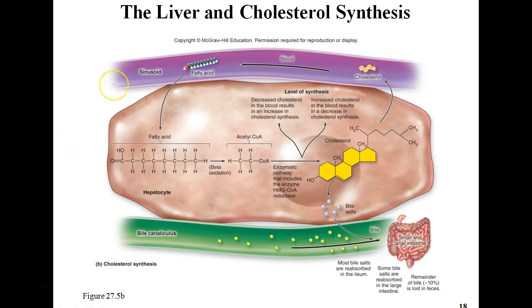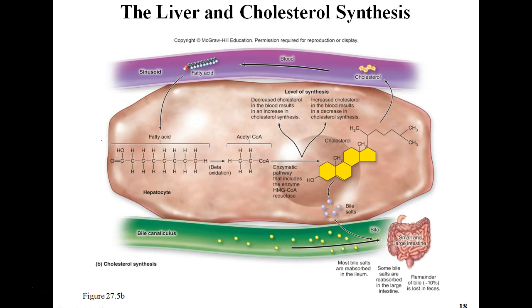On the upper part of the diagram, we see a sinusoid, so that's going to have blood flowing through there. On the lower green vessel, we see the bile canaliculus. Recall that's a duct in the system. And we have the movement of bile salts. In between there, perhaps you can see this hexagonal shape shows us a liver lobule.